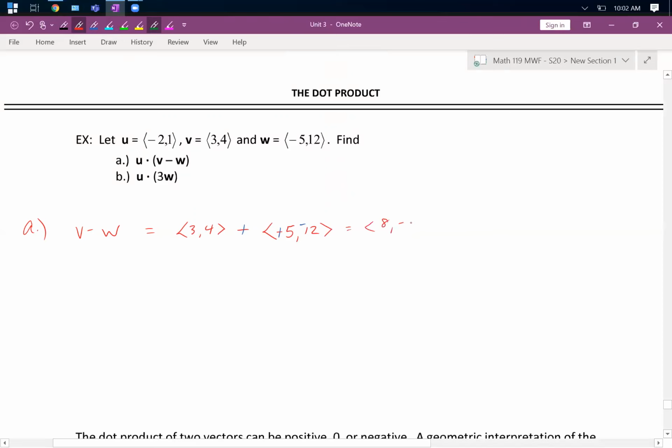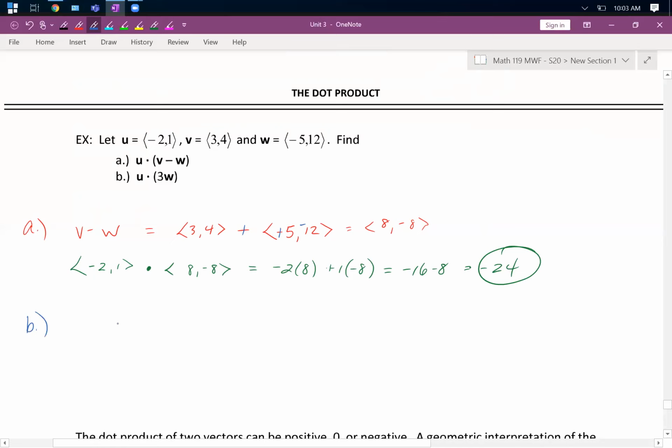So this is going to be <8, -8>. And I'm going to take my vector u and dot it with that. So -2 times 8 plus 1 times -8. Negative 24. Questions at all?